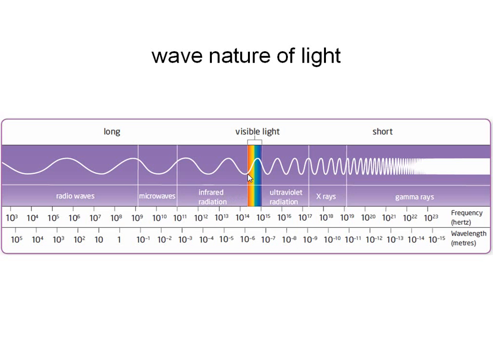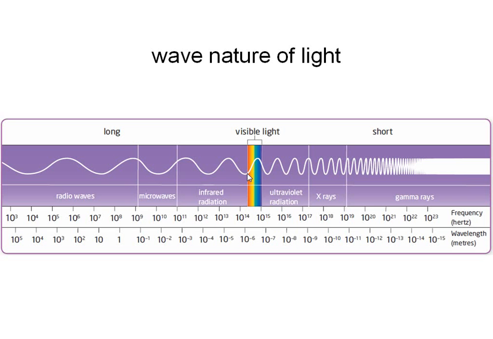And then, this number you need to remember. If the wavelength is 700 nanometers, then the light is red light.